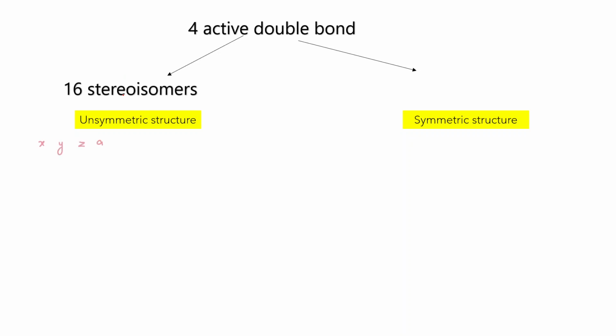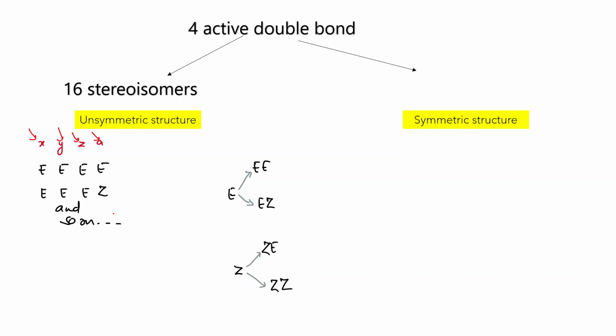16 stereoisomers. You know, X, Y, Z, A, these are the numbers of the carbon atoms where the double bond is, and you have these kinds of sequences. How many of these sequences are possible? You can understand again using this simple idea. E will give you EEEZ, Z will give you ZEZZ.